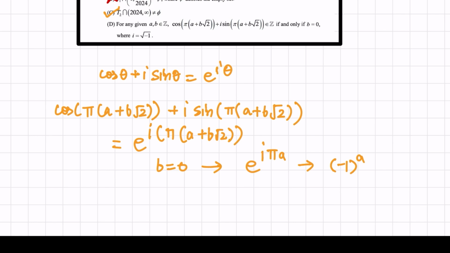So now this tells us that this belongs to Z. So the statement is true, but we also need to check what we will get when b is not equal to 0.